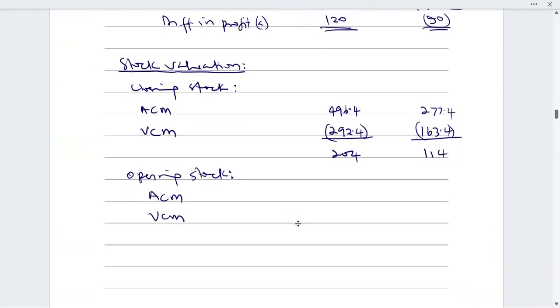Opening stock, you say is what? 204.4. Then for variable costing method, what's the opening stock? 120.4. What's the difference? That's 84, right?